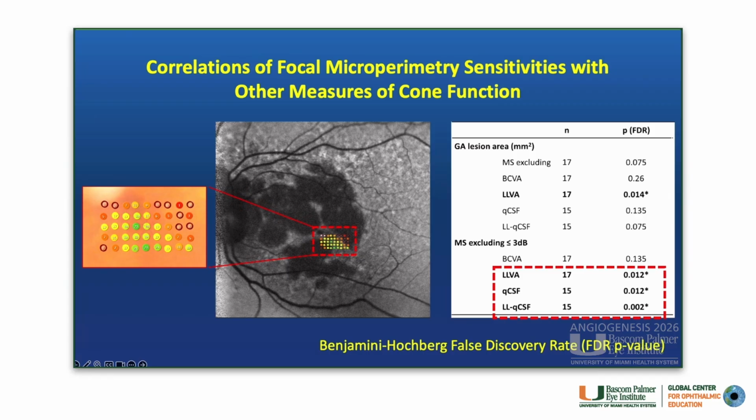Low luminance visual acuity, QCSF, and low luminance QCSF all correlate very well to the mean sensitivity, and we did this under very stringent rates of correlation to include the multiplicity of examination. So again, very strong correlations to these cone functions using that center 1 millimeter mean sensitivity, but interestingly, it did not correlate to the visual acuity.